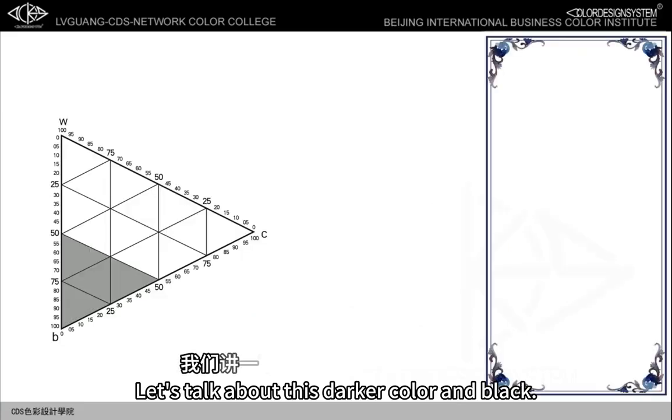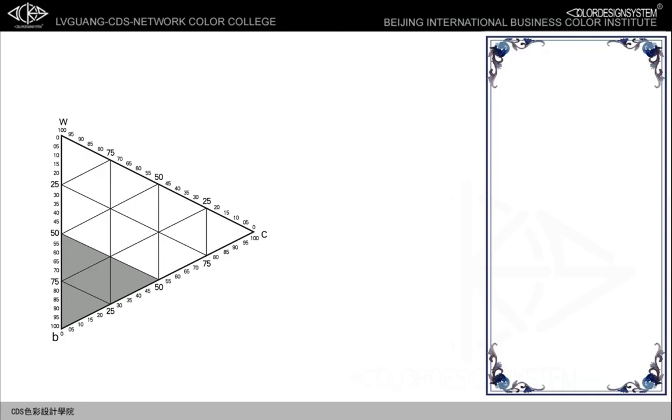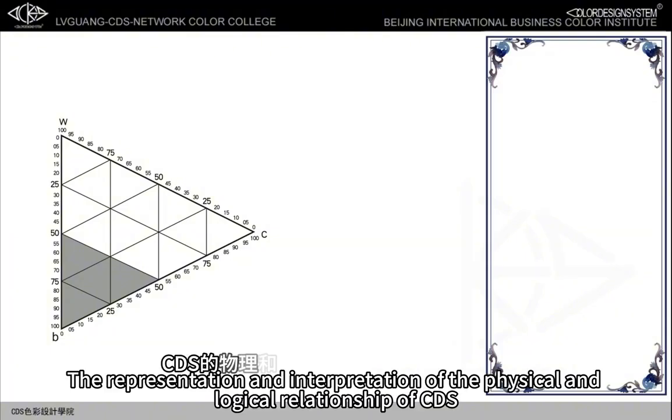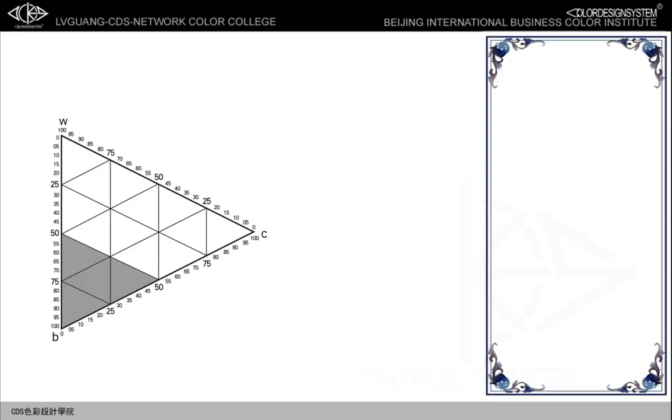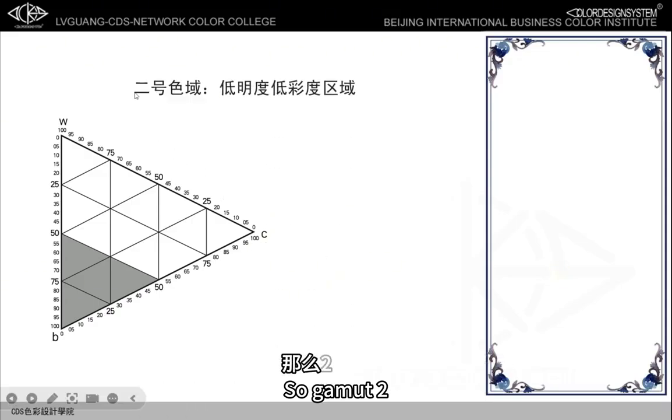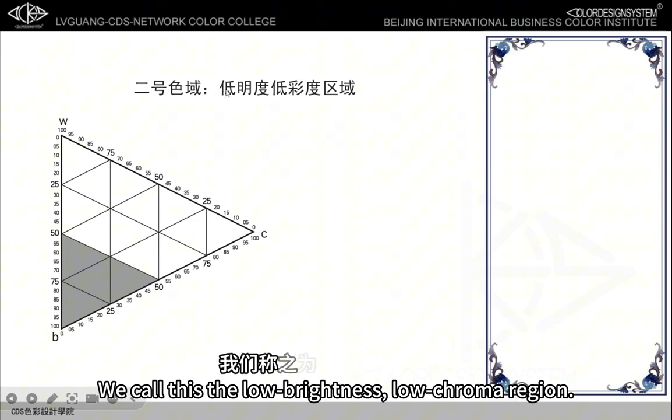Let's talk about this darker color and black in practical terms, the representation and interpretation of the physical and logical relationship of CDS. So gamut 2, we call this the low brightness, low chroma region.